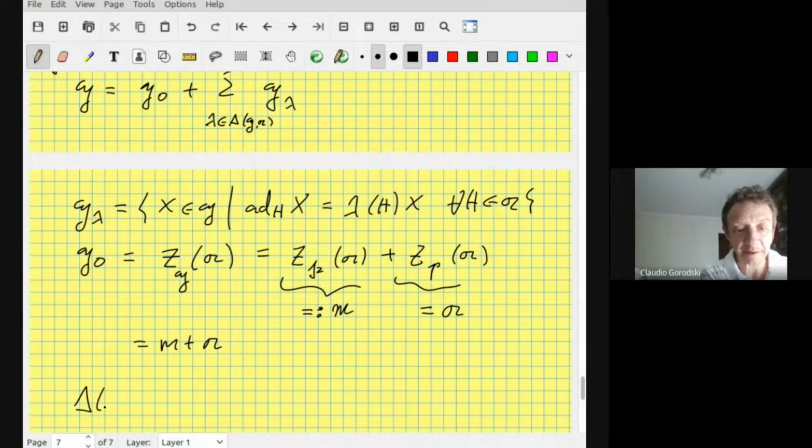And Delta(G, A) is the set of restricted roots.